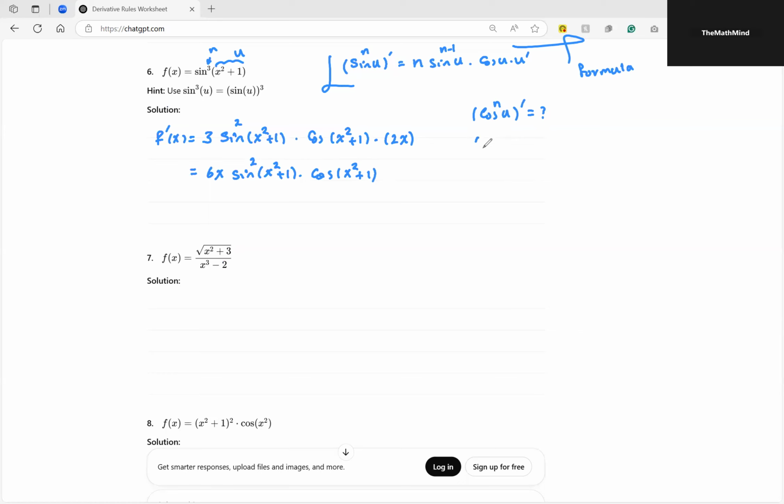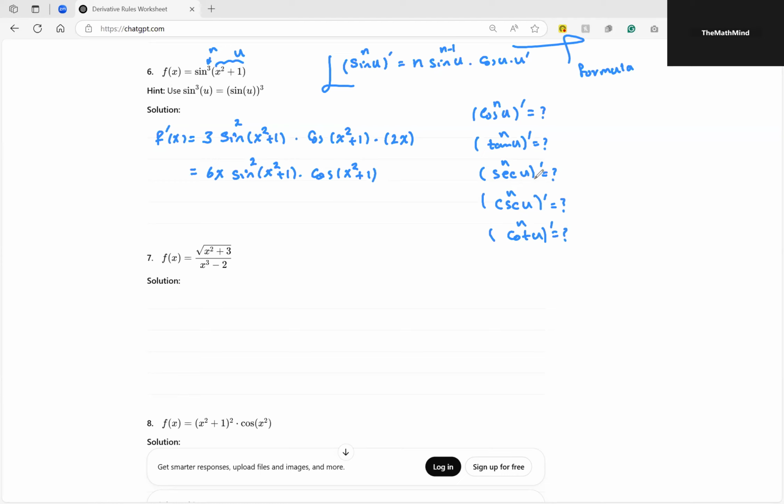Also, you can try tan u to the power of n, secant u to the power of n, and also cosecant. Don't forget to take the derivative of cotangent u to the power of n as well.